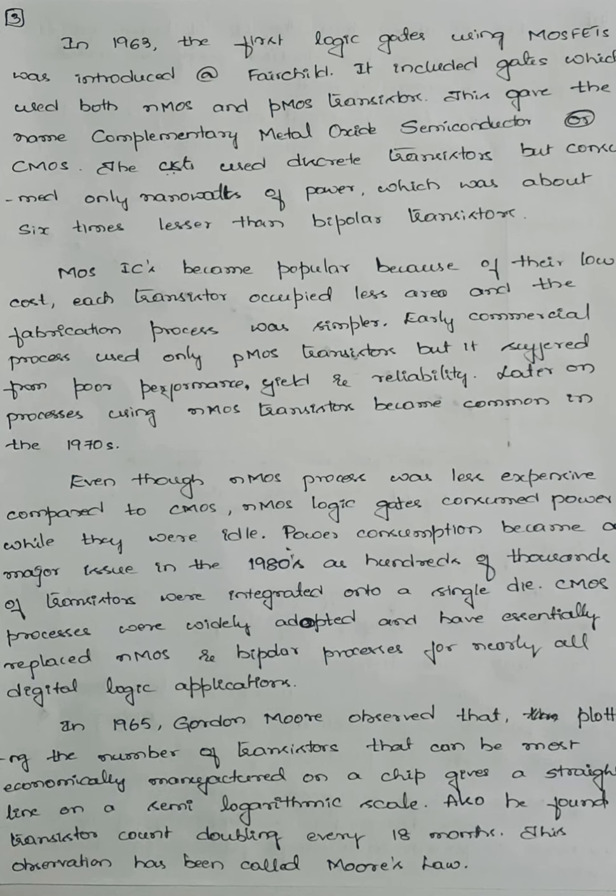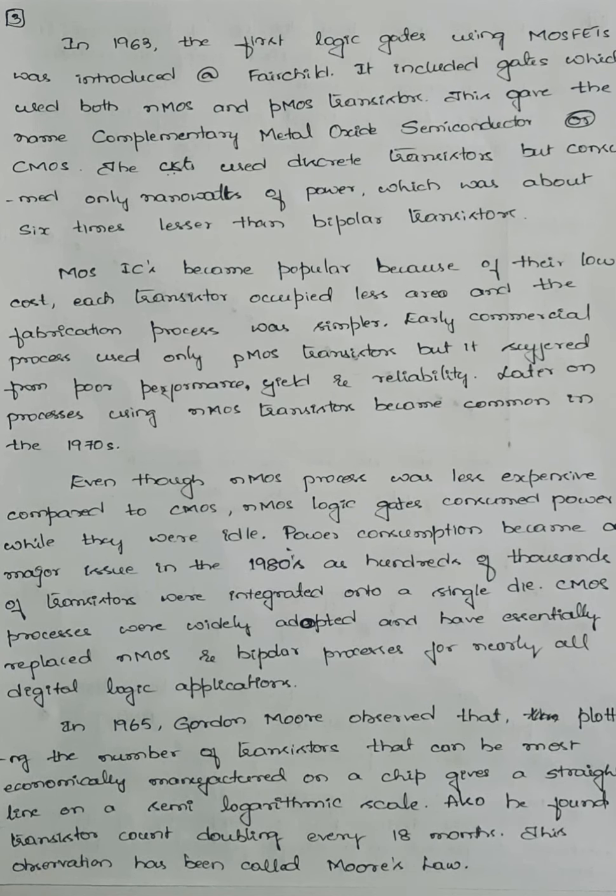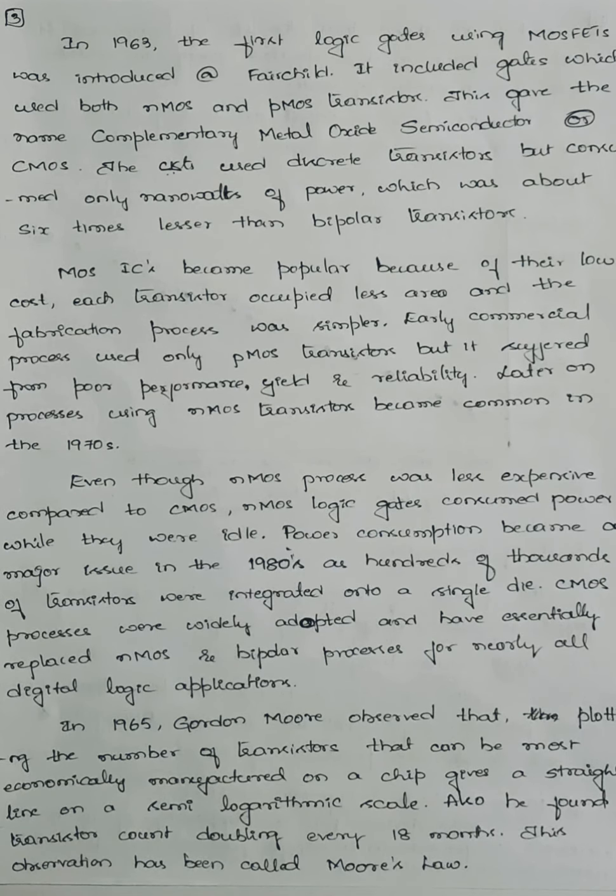In 1965, Gordon Moore observed that plotting the number of transistors that can be most economically manufactured on a chip gives a straight line on a semi-logarithmic scale. He also found the transistor count doubling every 18 months. This observation has been called Moore's law.